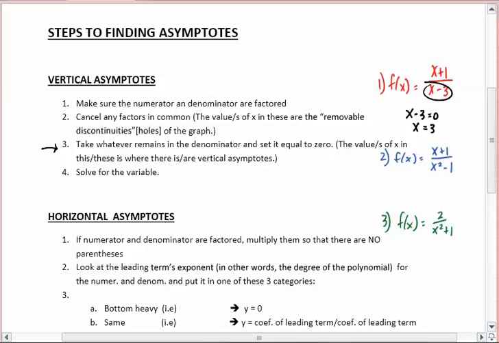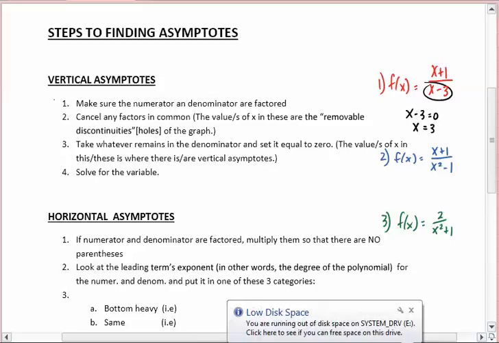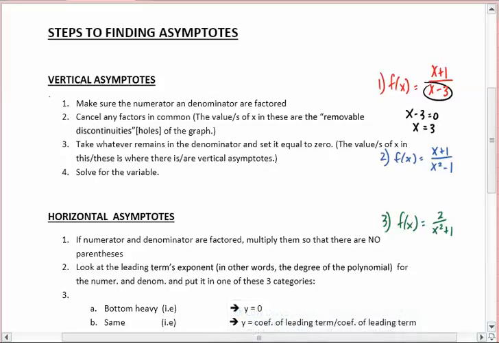Let's take a look at the second one. Make sure the numerator and denominator are factored. Check on the top part: the numerator is factored, but the denominator looks like it can be factored some more. So I'm going to cross that out and replace it with the factored form.